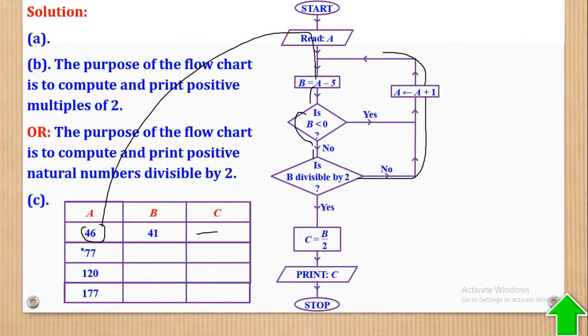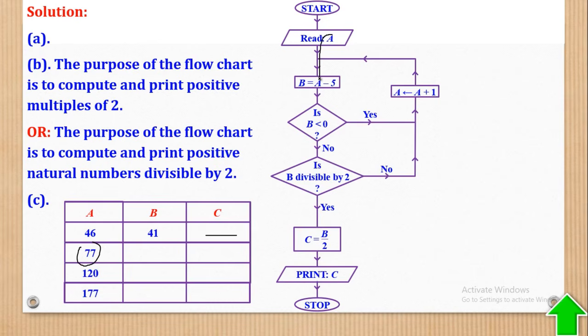Then you go to the next value of A. So they want you to get the corresponding values of B and C. So here it is dash, then here you go to 77, put your 77 here. Here it will now become 77 minus 5 to give you 72. So 72, you ask yourself, is it positive or negative?